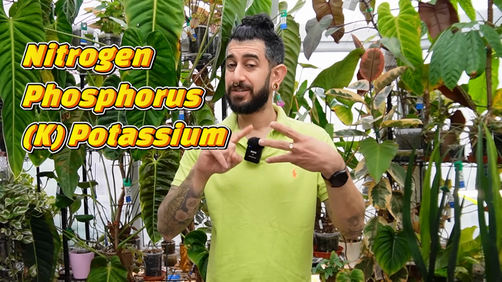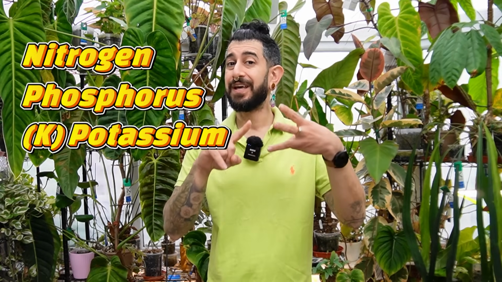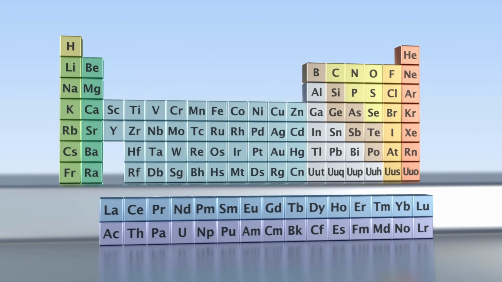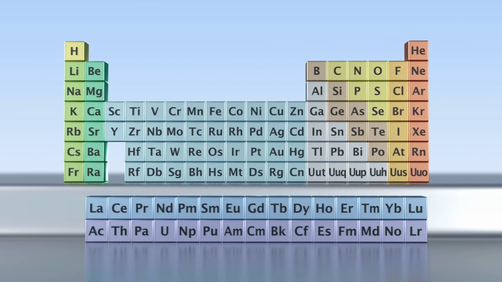N for nitrogen, P for phosphorus, and K for potassium. And these, going back to some science classes, relate back to the chemical symbols. You remember the chemical charts that we all used to have in school? These relate back to those letters, basically.